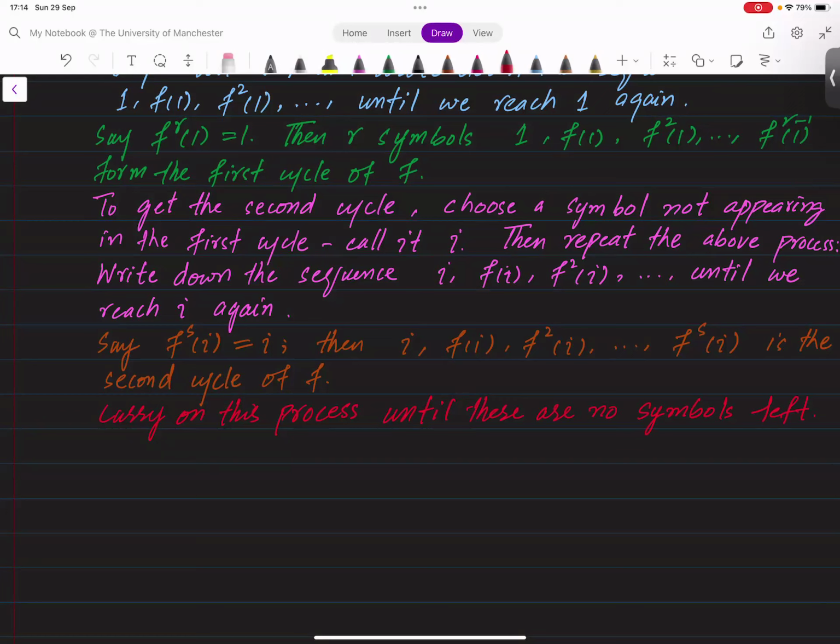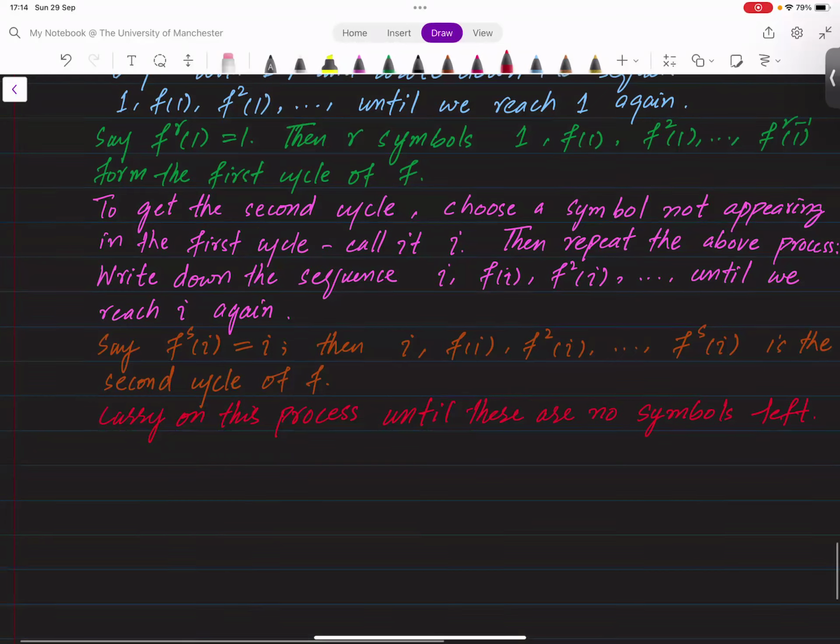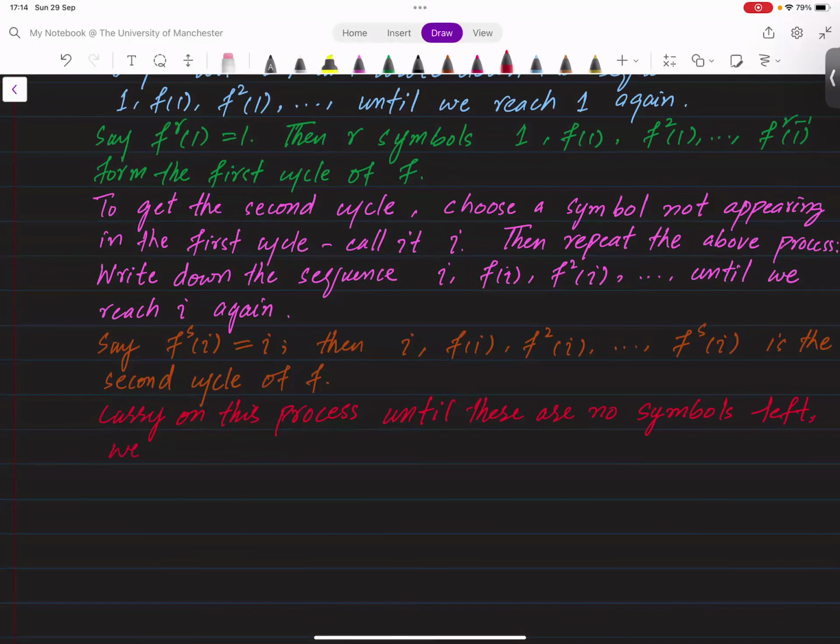We get the cycle notation for f. Now, the cycles we obtained have no symbols in common, so we call them disjoint cycles.